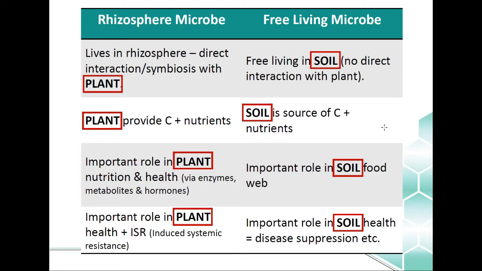Up to a third of the sugars produced by photosynthesis can be secreted to the microbes in the rhizosphere. Whereas free-living microbes live outside in the soil. They have no direct interaction with plants. They're part of the soil food web. The soil is their source of food and provision, so they are part of a totally different environment.